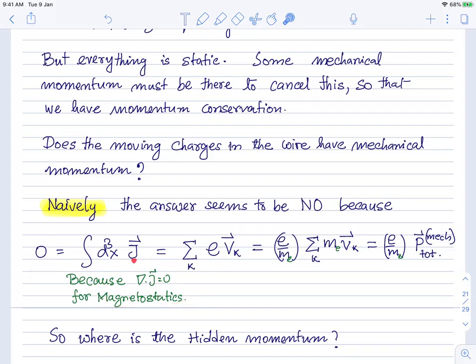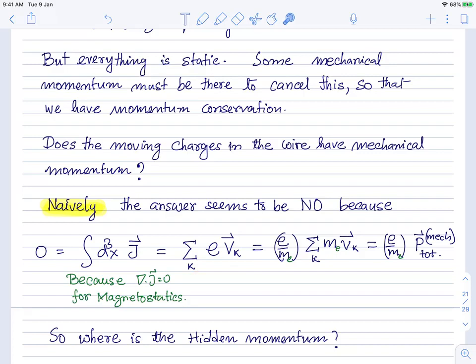Also, the current density is rho times v. If I think of this as rho times v, where the charged particles moving in the current are, let's say, the electrons, it's basically the electron charge E times the velocity of the individual electrons, summed over all the electrons. So K labels the electrons, and you sum over all the electrons.